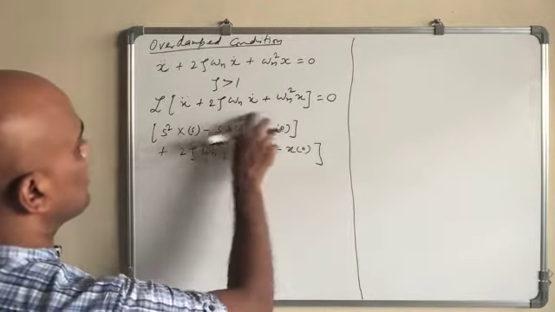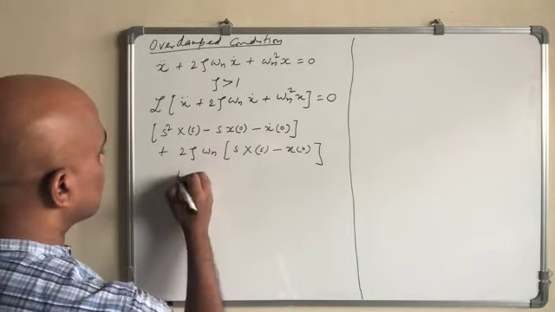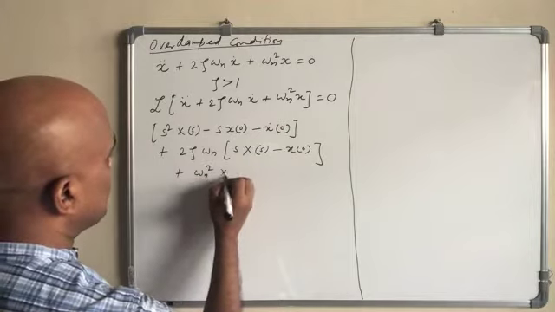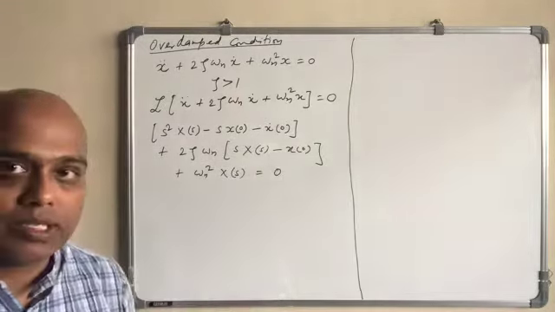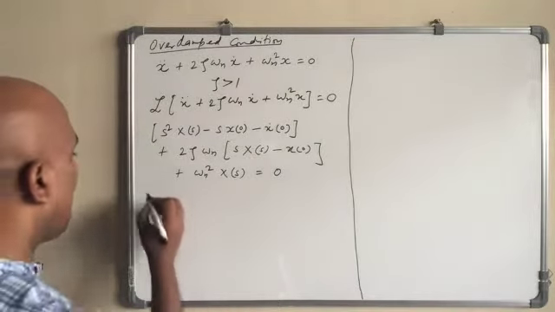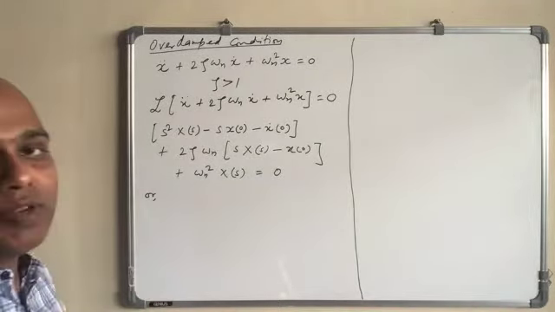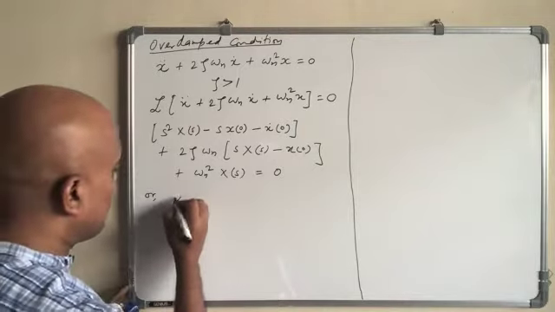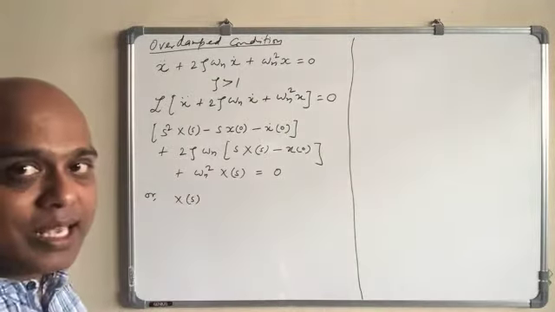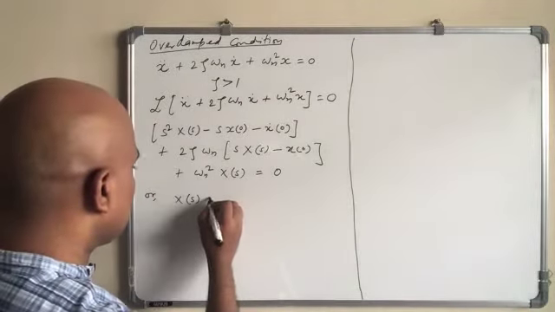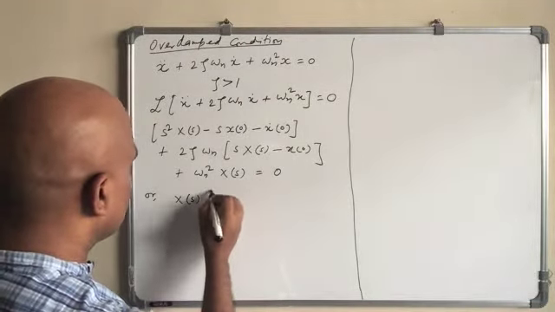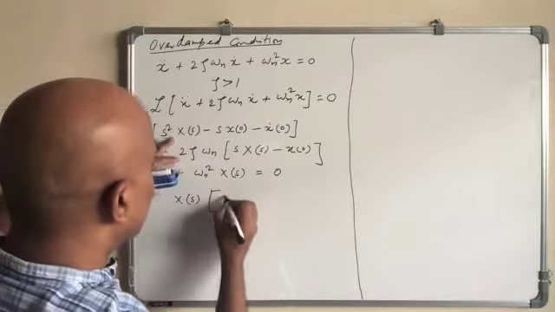Okay, so this is for the second term, plus omega n square Xs is equal to 0. So we have that. Again we do the same thing: we have to find out the coefficient of Xs, which we are going to have in common, and then we have s square.